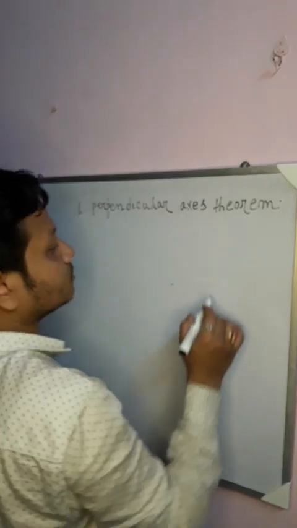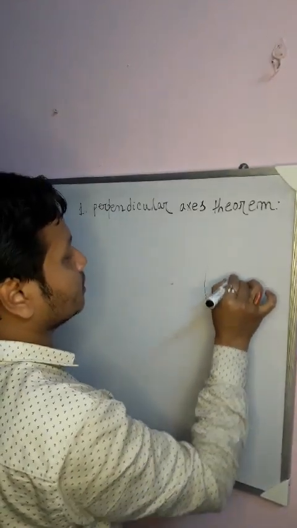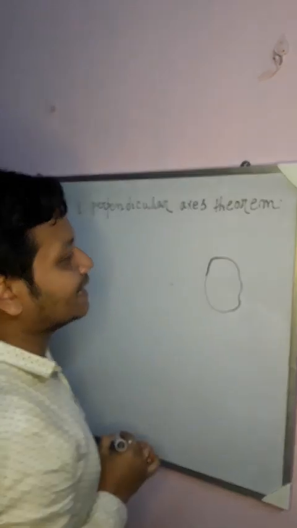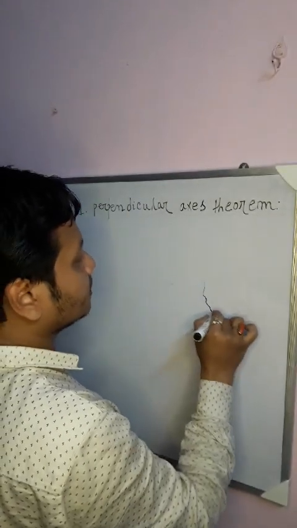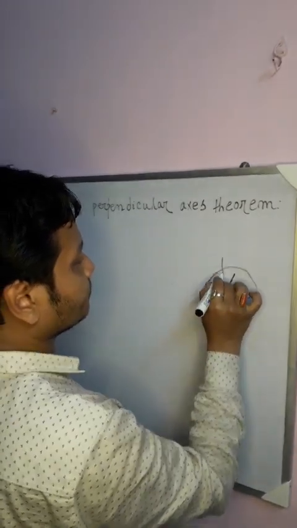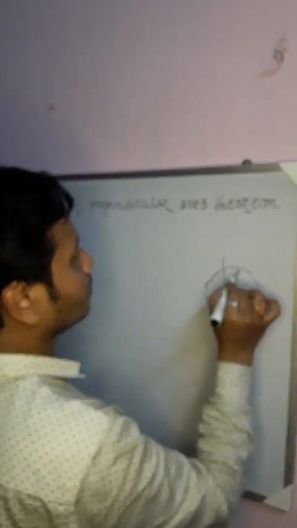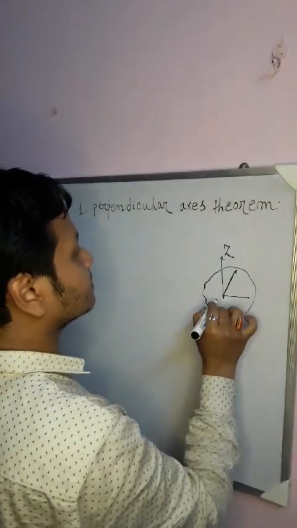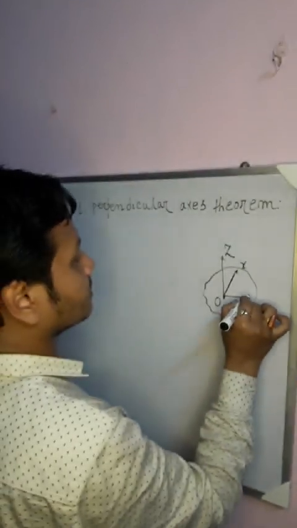Let us take the example of a plane laminar body. Suppose this is the z axis, this is the y axis, and this is the x axis.